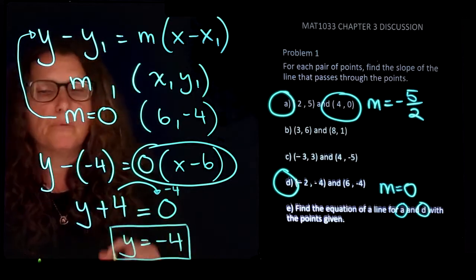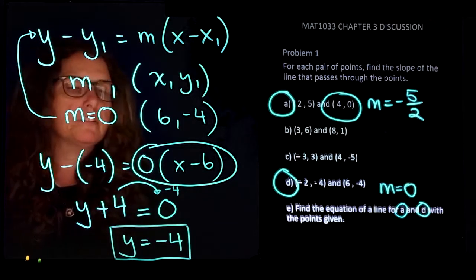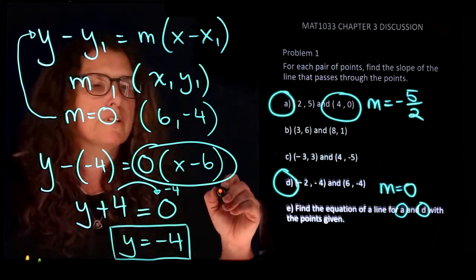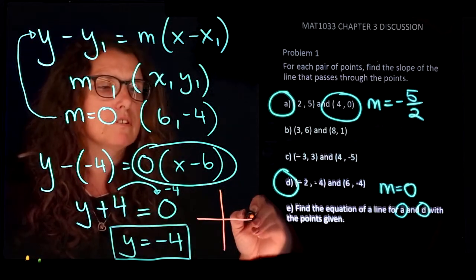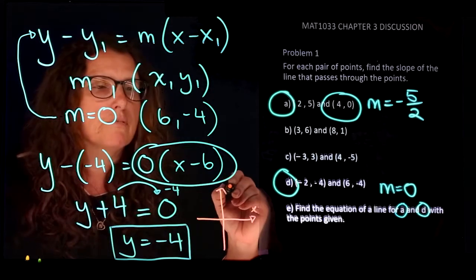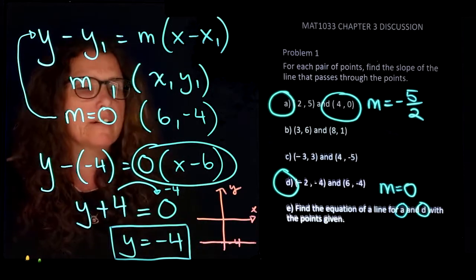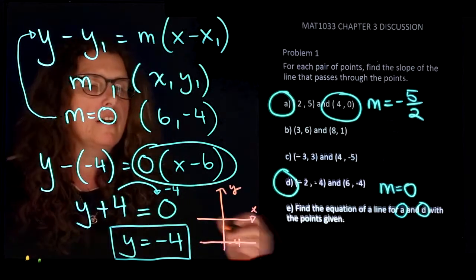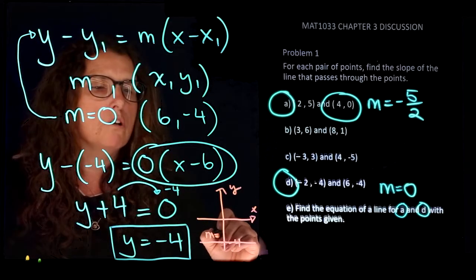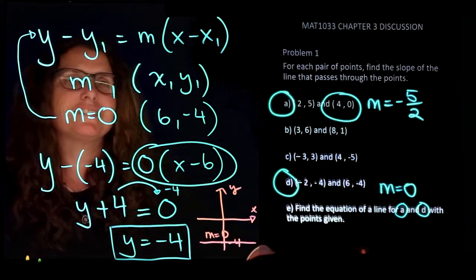That is the equation of this particular line. And just to reiterate how this would look, if you were to graph y equals -4, that is a horizontal line like that. And the slope for all horizontal lines is 0.